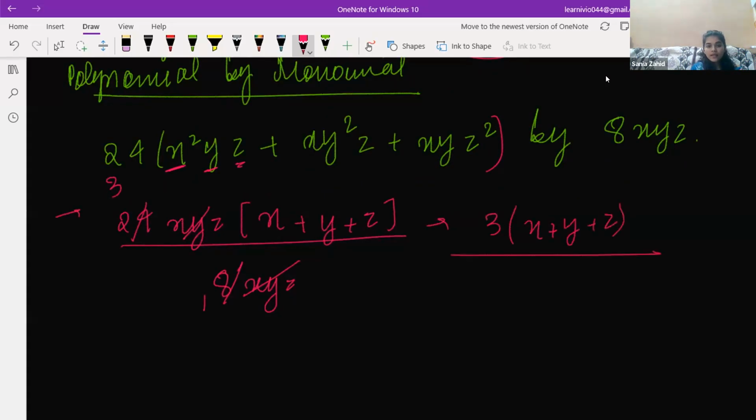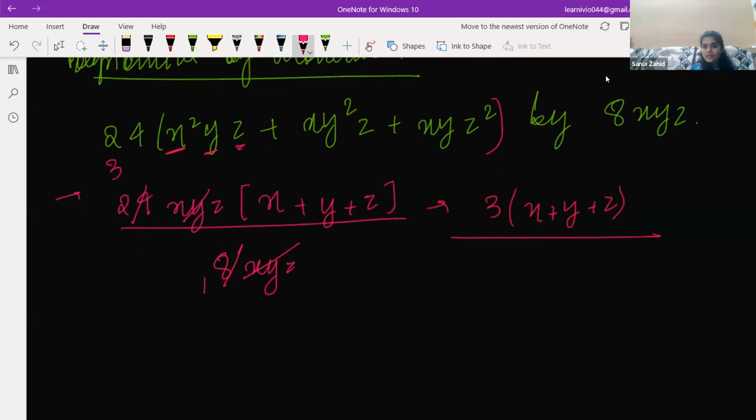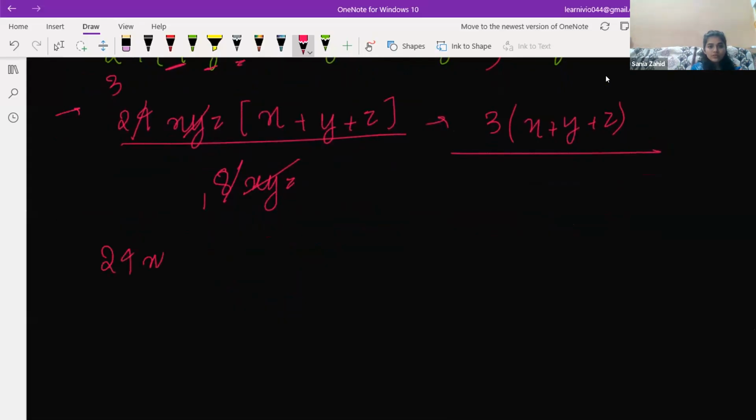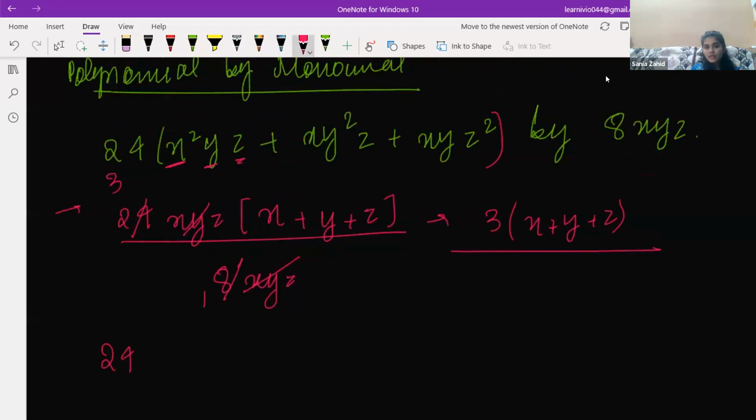Okay, this is your answer. But you see that there is also one more way to solve this question. And what is that way? You can take these individual terms and divide them by 8xyz. So basically you have the number 24. First you multiply the entire number, like you make the entire number 1 only.